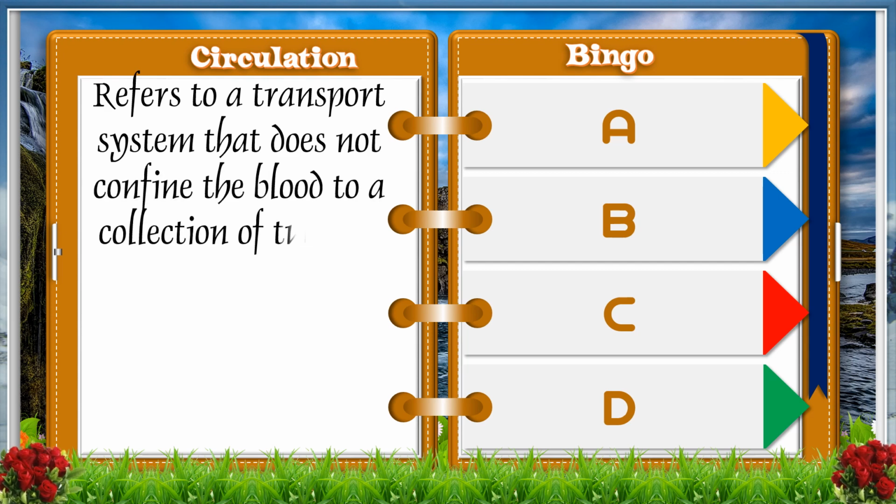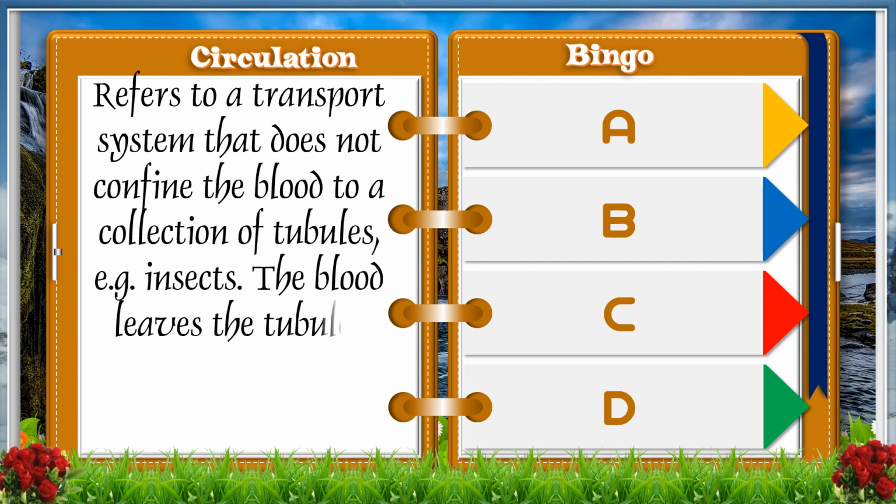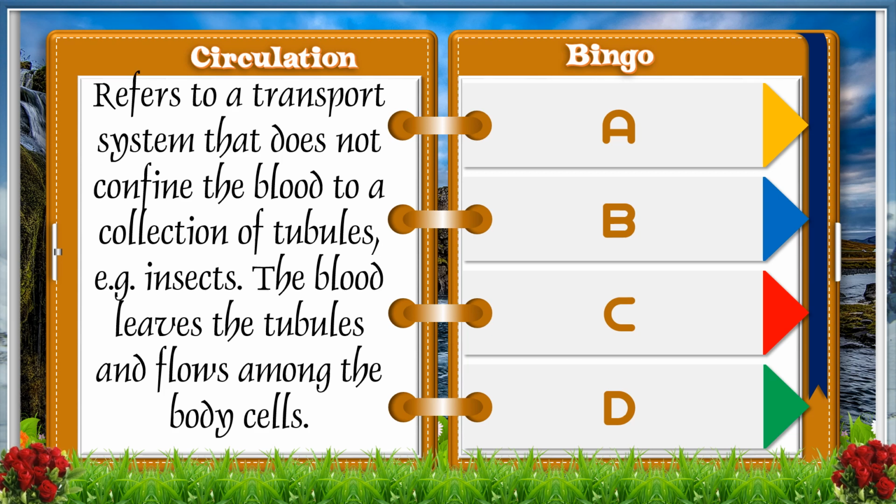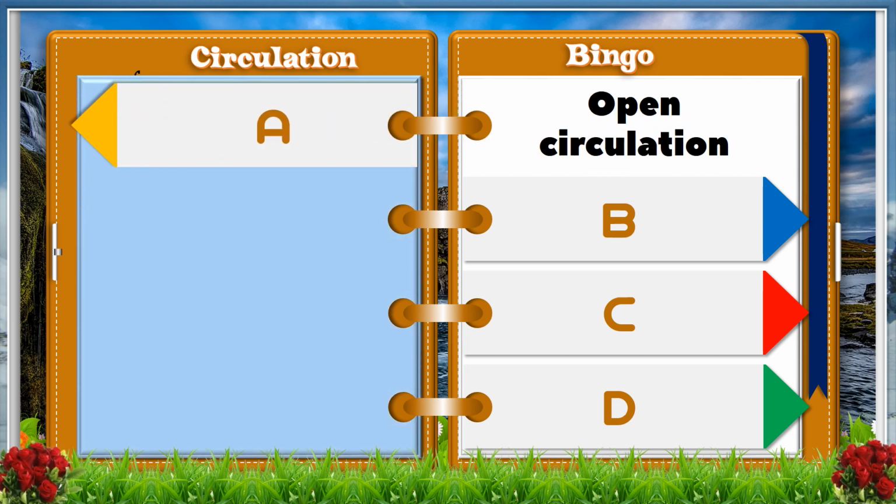Refers to a transport system that does not confine the blood to a collection of tubules, e.g., insects. The blood leaves the tubules and flows among the body cells. A. Open circulation.